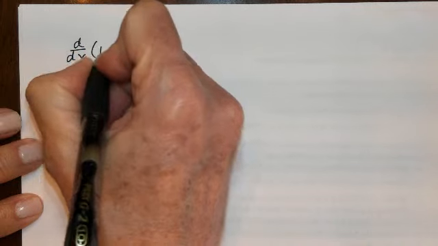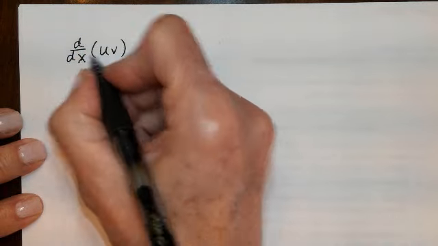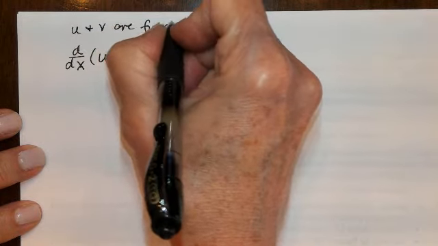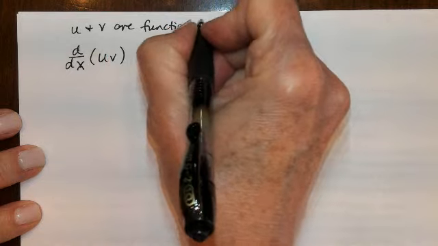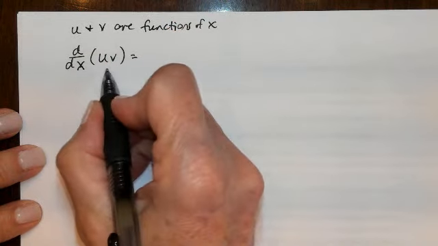All right, let me show you where this comes from. Let's find the derivative with respect to x of u times v, where u and v are both functions of x. So we would use the product rule.